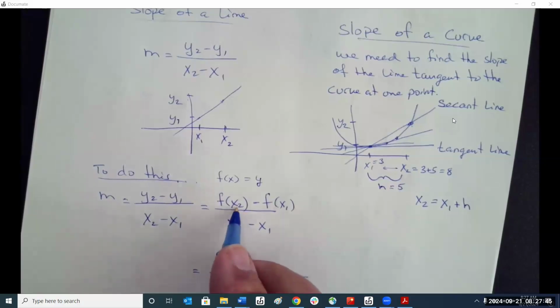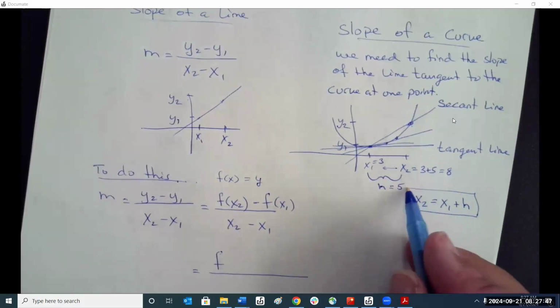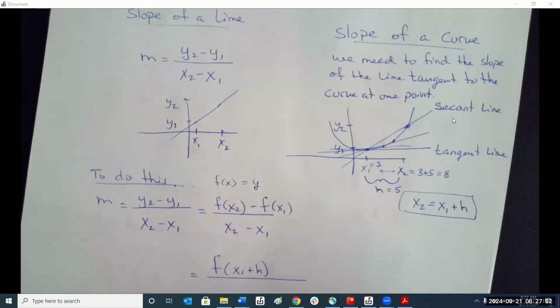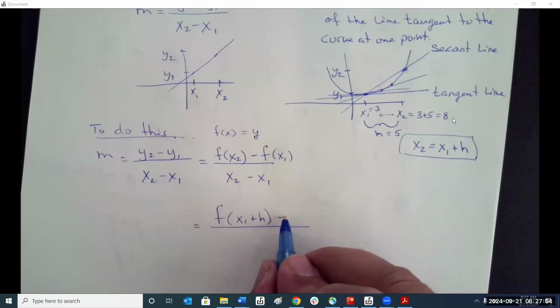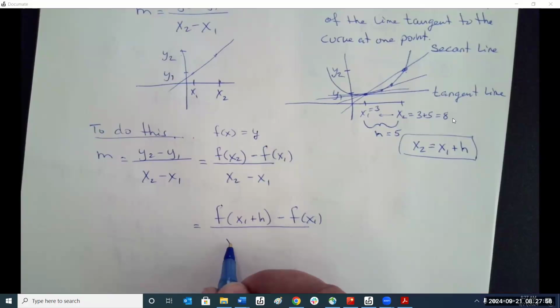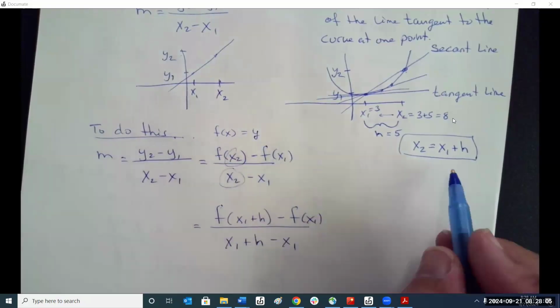So anywhere I see an x2, I change it to x1 plus h. That gives f of x1 plus h minus f of x1, over x1 plus h minus x1.